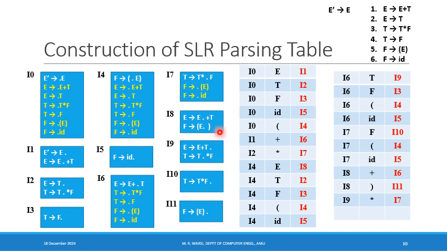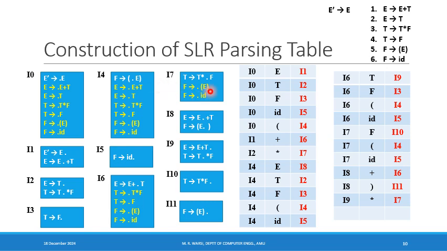Now considering the remaining transitions from the I7 state. From I7 on opening bracket, I'll go to the state containing the LR0 item capital F derives opening bracket dot capital E closing bracket, and there is already a state containing this, which is I4.